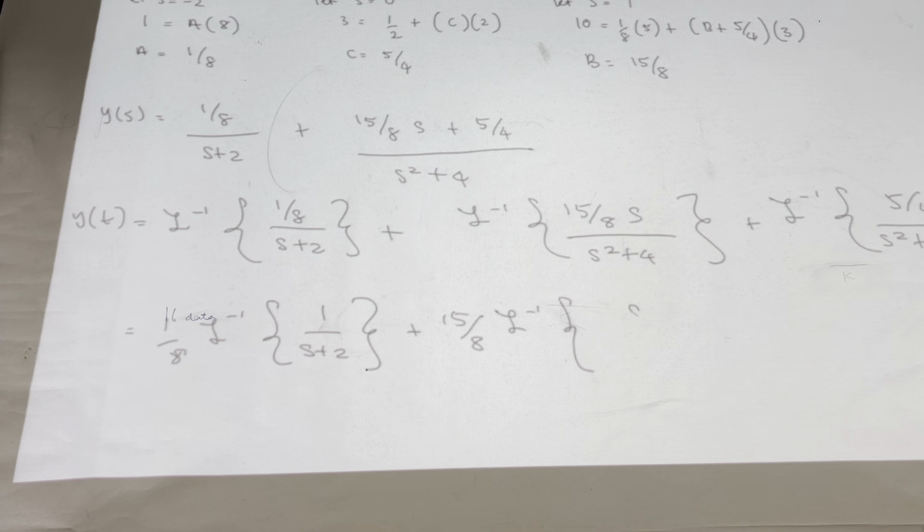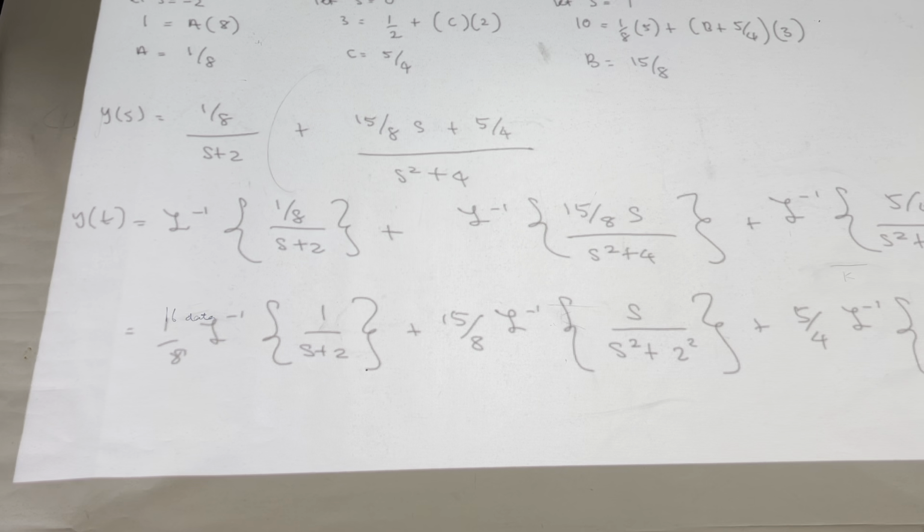So you have s over s squared plus 2 squared. 4 is 2 squared. So 5/4 also can put outside. So here is 1 over s squared plus 2 squared.